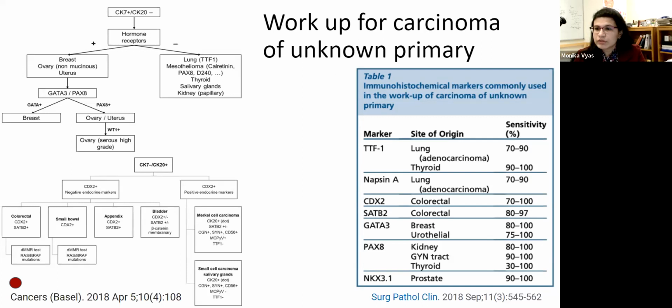Another tumor to consider with CK20 positivity would be bladder urothelial carcinoma, so you have to do additional markers such as GATA3 to rule out bladder origin. And some other tumors can also show CDX2 positivity, such as Merkel cell carcinoma and small cell carcinoma of salivary glands. So they have to be excluded by doing additional immunohistochemical workup.